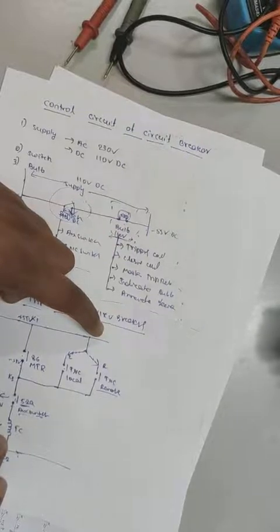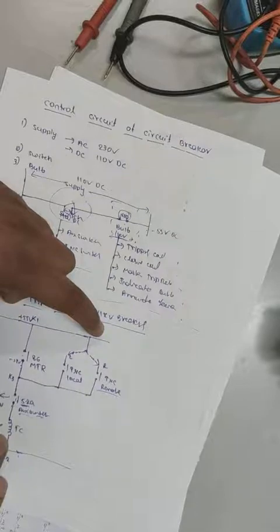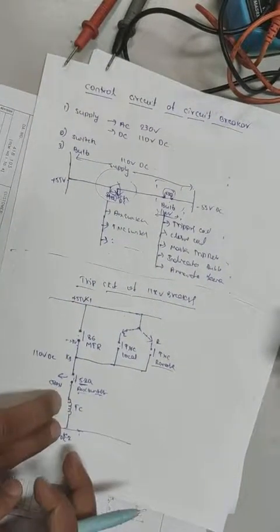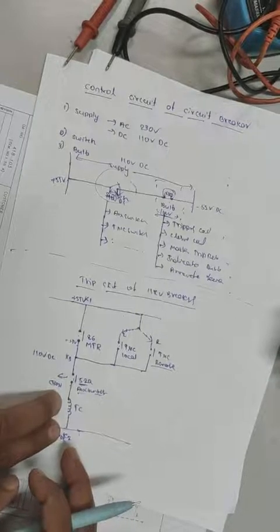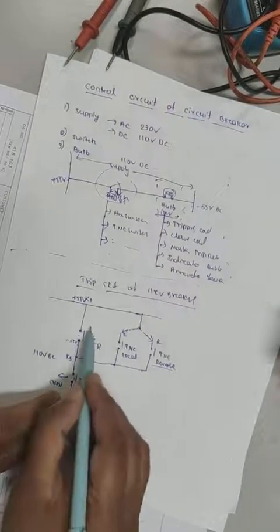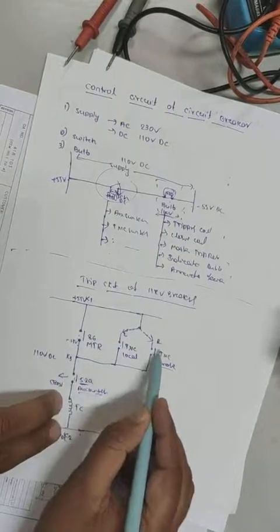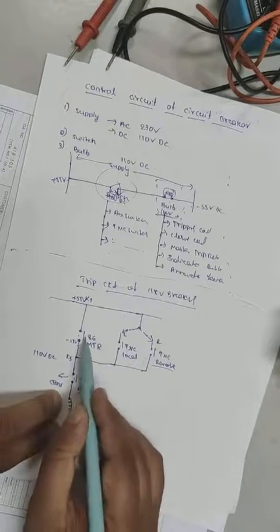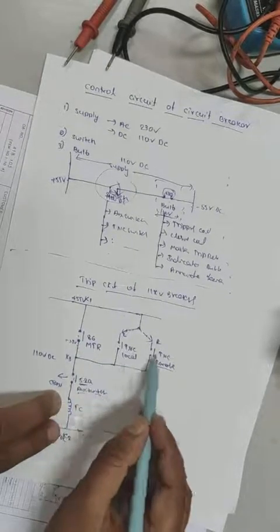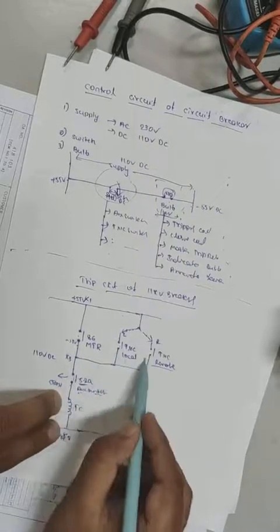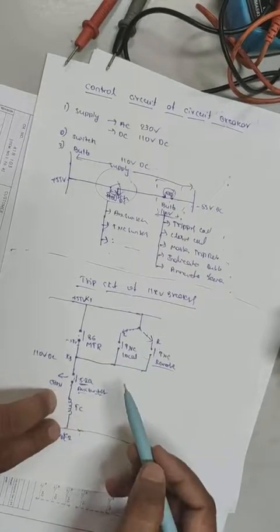In some cases you might get problems like a continuous DC command to the tripping coil. In those cases, you should concentrate on these three components. Only via these three can the voltage come directly. Maybe this contact has gotten shorted. If you isolate one by one, you will find where the problem is.